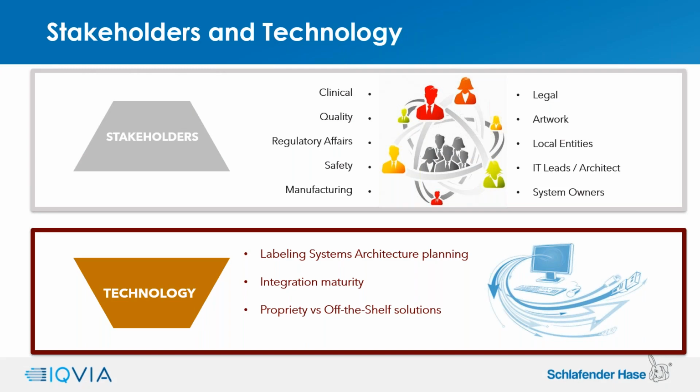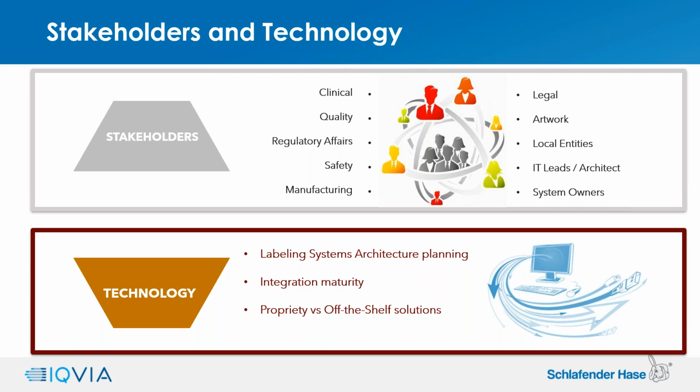So we've gone through those components, but there are two more things that we need to consider when looking at an end-to-end system. First and foremost, stakeholders. We've seen that the labeling process goes across a very wide area of the company through domains and functionalities.